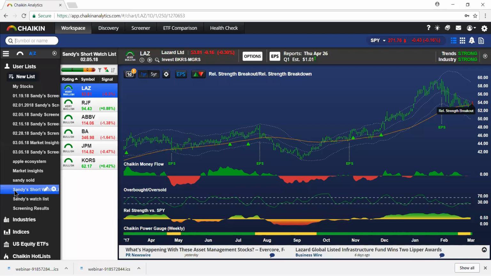We were anticipating all sorts of volatility. You can see I made this list back February 5th. There's all that volatility, the 5th, 6th, 9th, etc., all in this time frame around here. So I said, geez, if I can get some of these stocks on sale, these are my highest priority. And let's look at that.